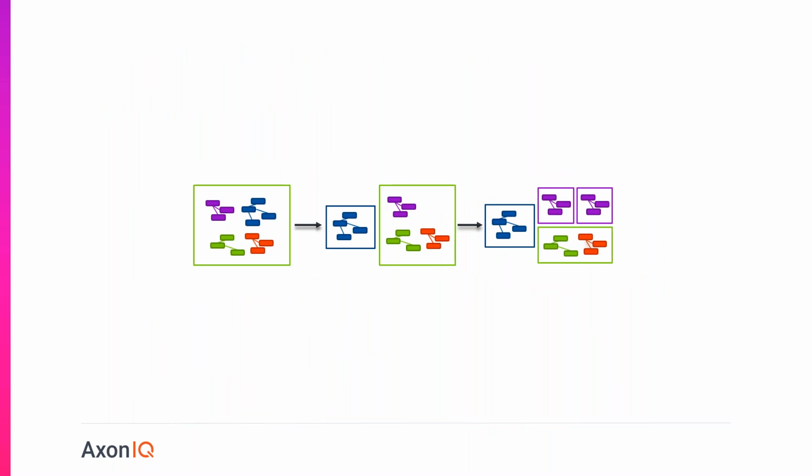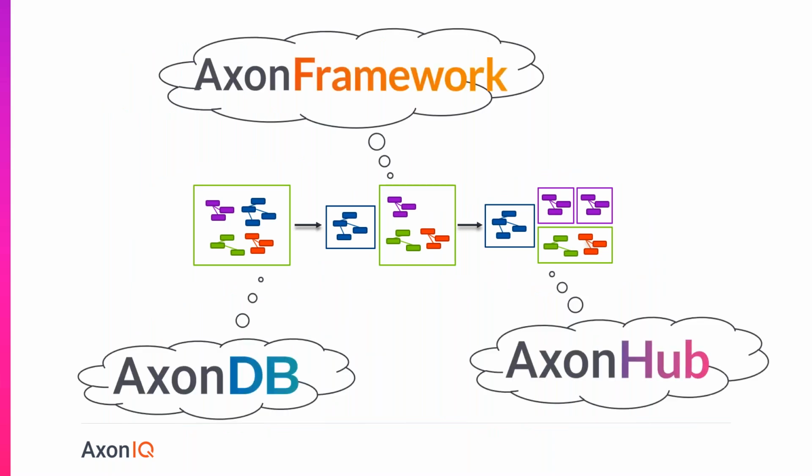So if we have this story of evolution, how do Axon Framework, Axon DB and Axon Hub fit in this story? What's their place?